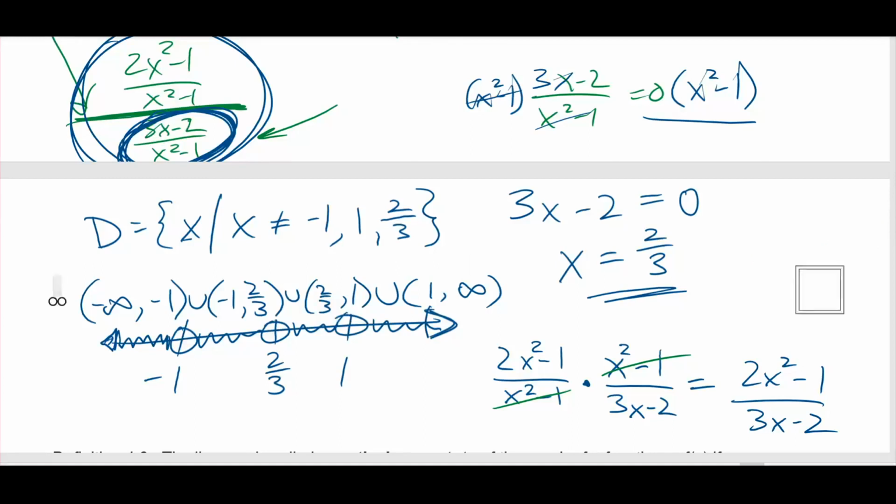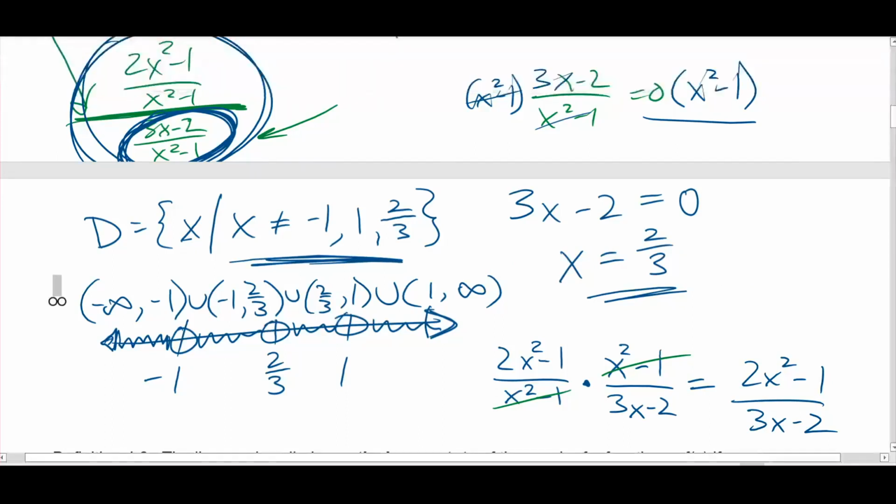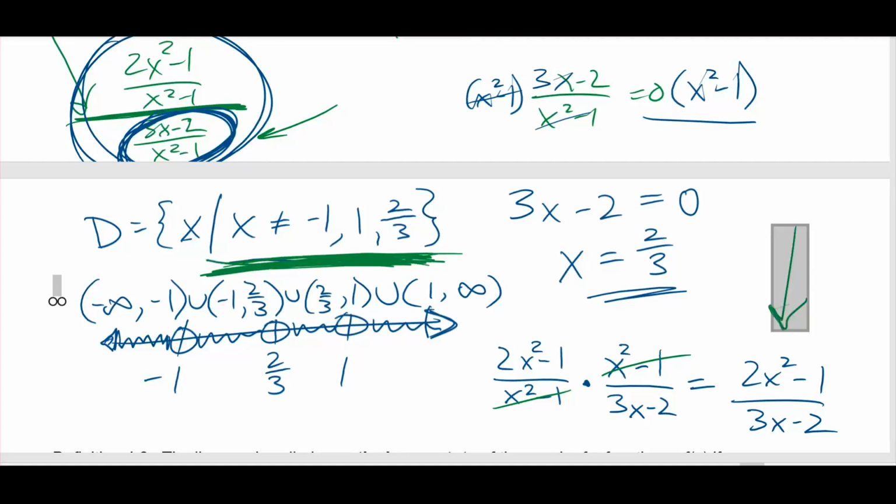All right. Something to notice is that our original function had these domain restrictions, right? We couldn't have -1, 1, or 2/3. And we could write it as an interval too, but that's not quite the point right now. So our original function had this as a domain, and we just showed that our original function is equivalent to this one.